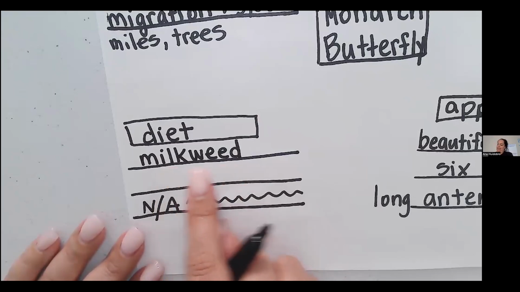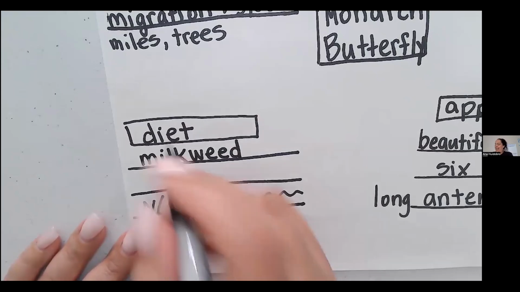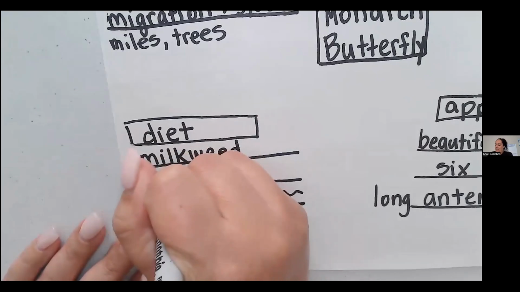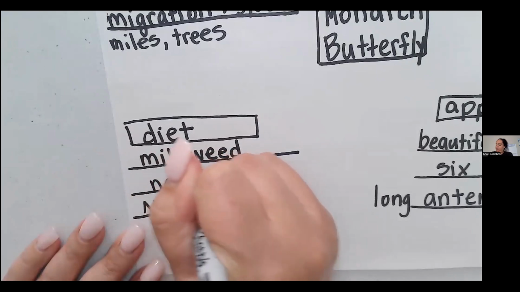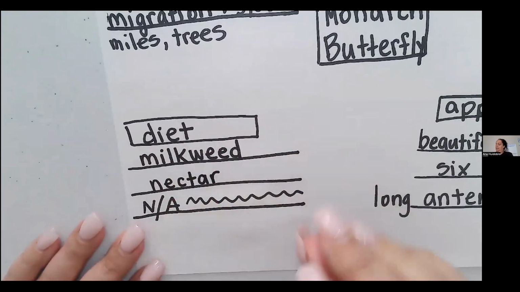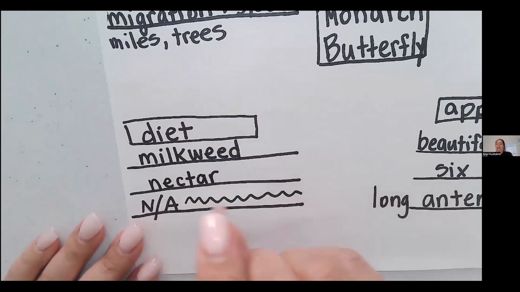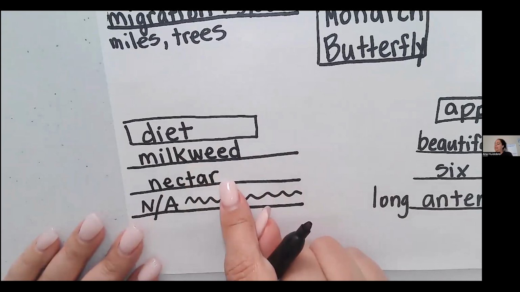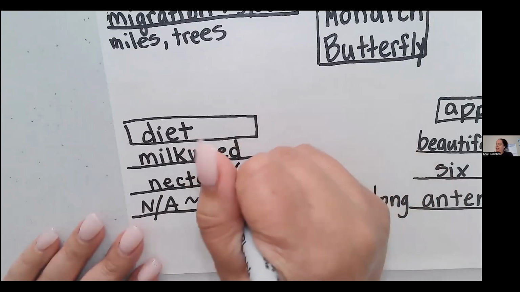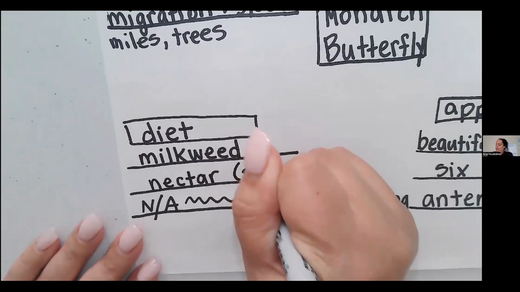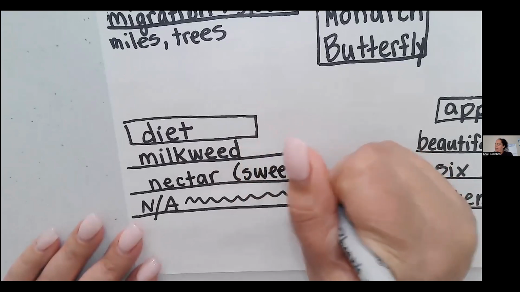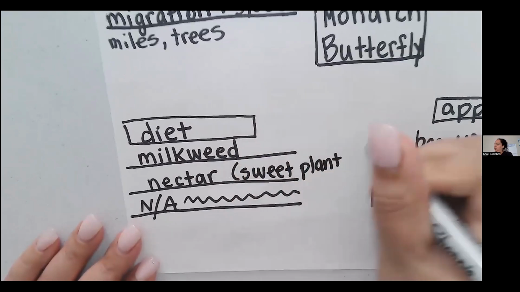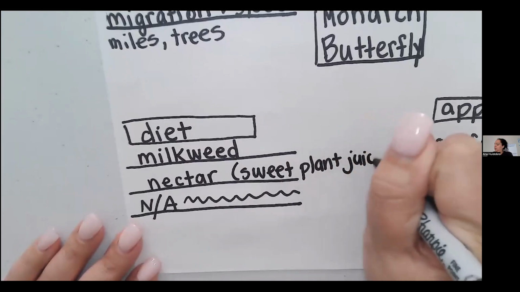Well, that's all a lie. They eat milkweed, okay? And then they have nectar, and because of the straw-like thing that comes out of their mouths, they're able to suck the nectar right out of plants. Nectar is sweet plant juice.